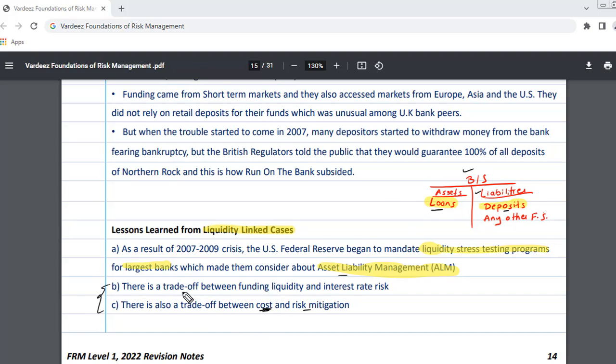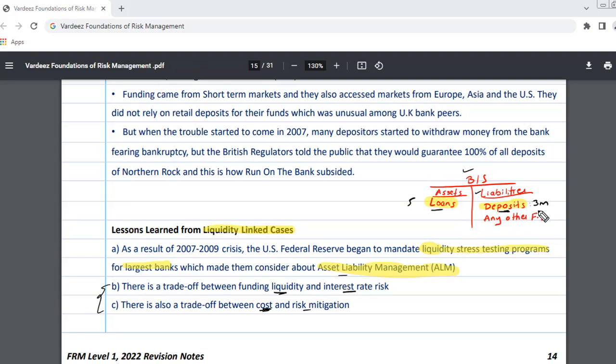And talking about the second trade-off, between funding liquidity and interest rate risk. What this says is that if you manage your interest rate risk well, you will face funding liquidity risk, and if you focus more on liquidity, the interest rate risk increases. Let me give you an example. Suppose the liabilities are of 3 months, and the loans that you've given are for a 5-year period.